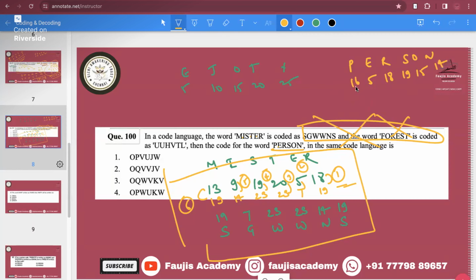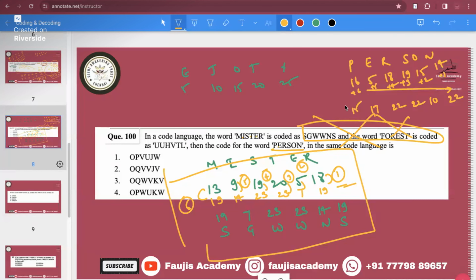So what we'll do is plus 6 for P, but we'll write it at the last. So 22. Then plus 5, then you write 10 over here, plus 4, then you write 22, then plus 3, then you write 9, 3, 22, right? Then again plus 2, 17, plus 1, 15.